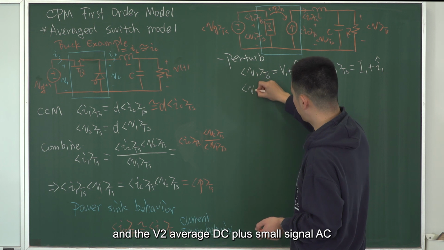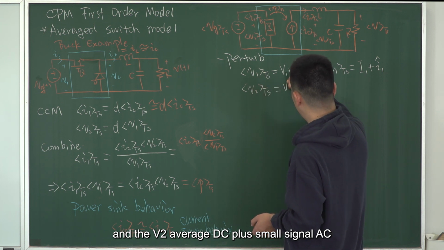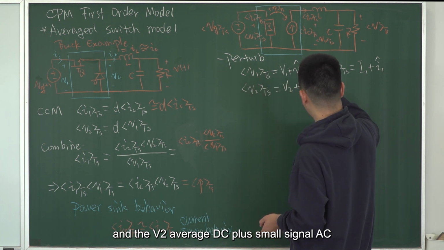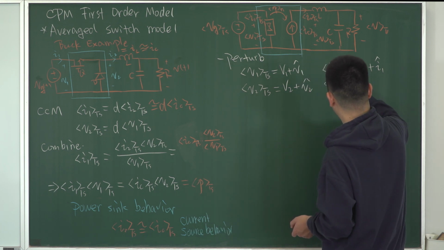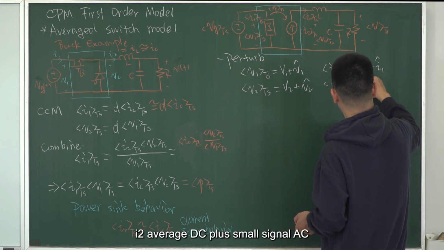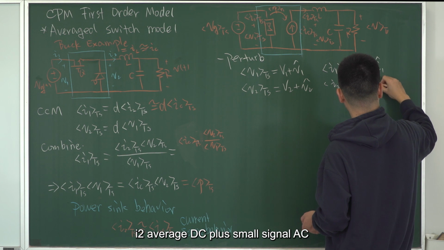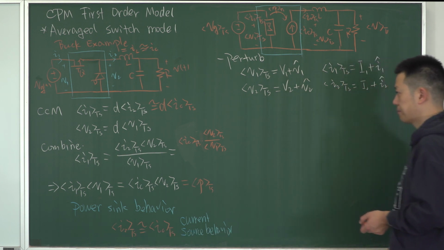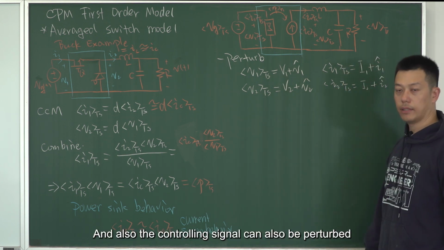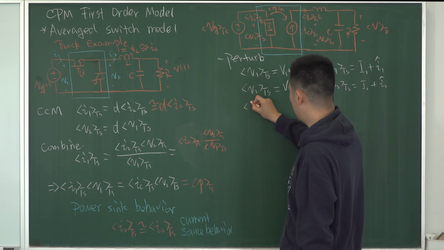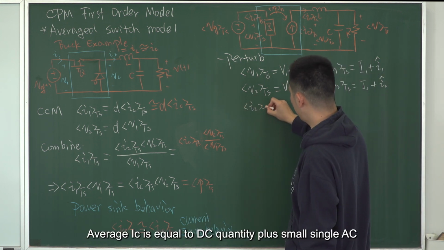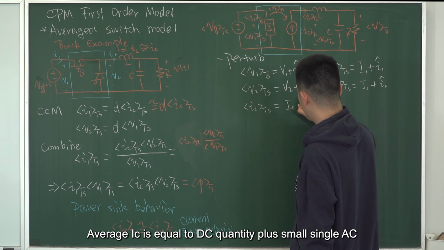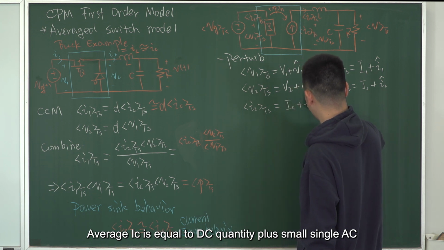The same for V2 average and I2 average. The controlling signal can also be perturbed: the average IC is equal to DC quantity plus small signal AC.